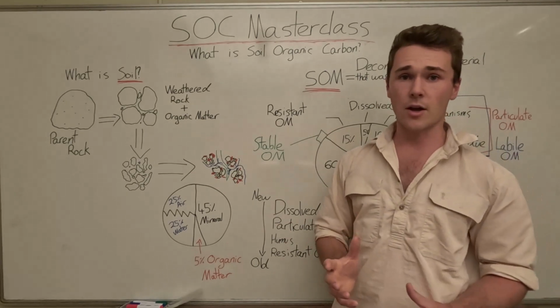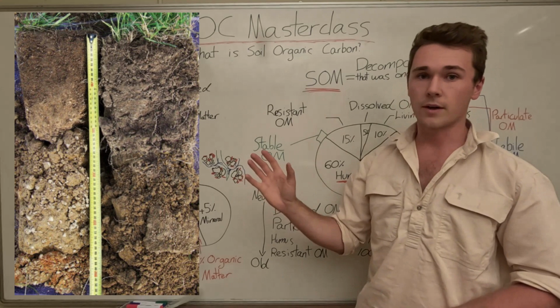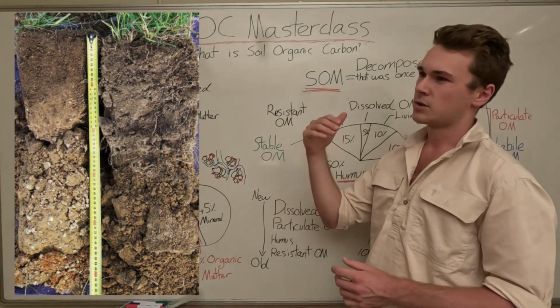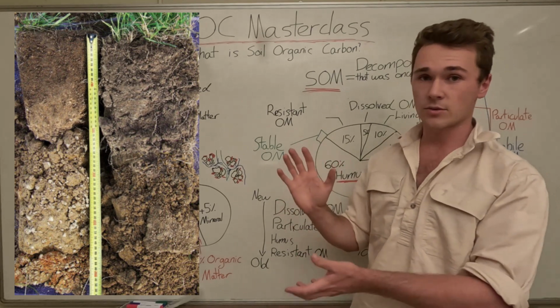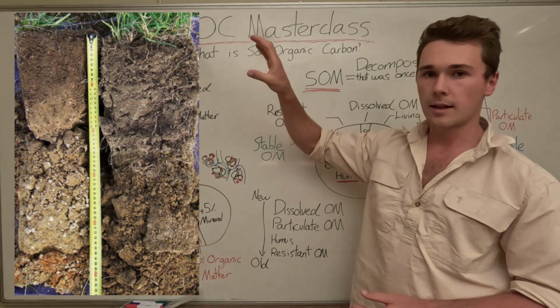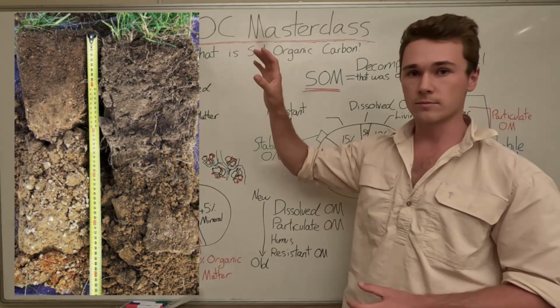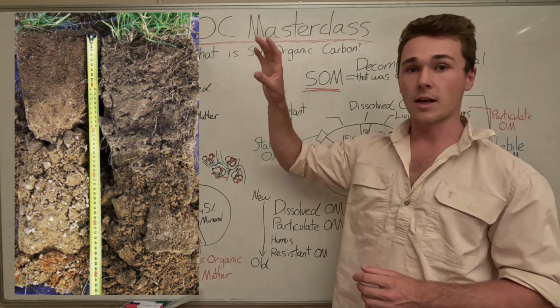You can see a really good photo here of a really nice soil profile. On the left-hand side is basically a conventional soil. You'll see at the very top there that's almost like the plough layer, and in a very normal conventional soil, that's really where a lot of soil organic carbon accumulates.